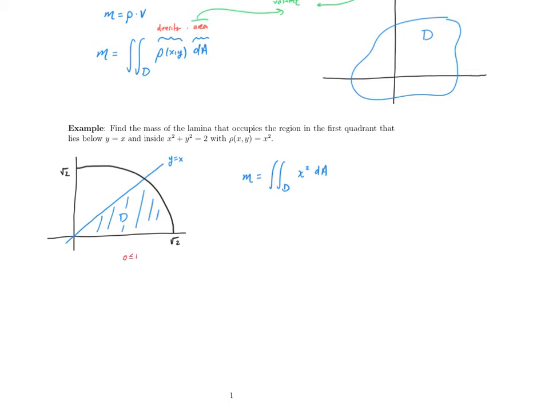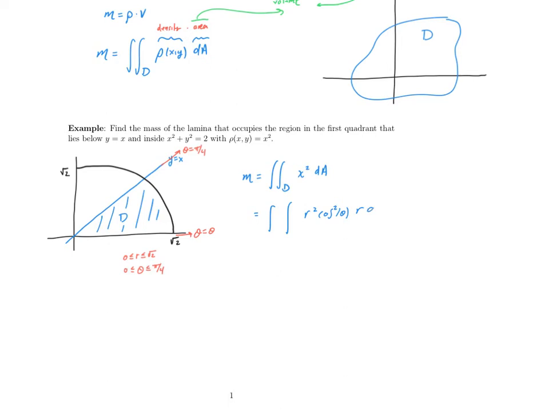In polar coordinates, our r values are varying from 0 to square root 2, and our theta values are varying from theta equals 0 to theta equals pi over 4. So our integral, converted to polar coordinates, the x squared would become an r squared cosine squared theta.